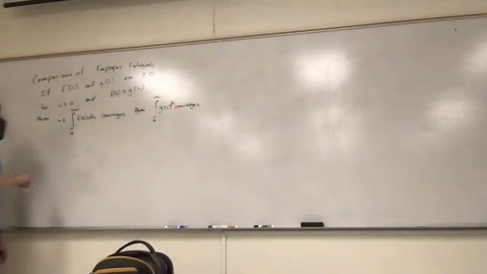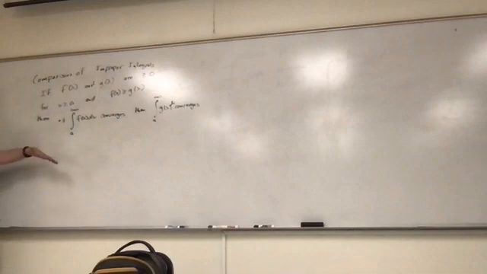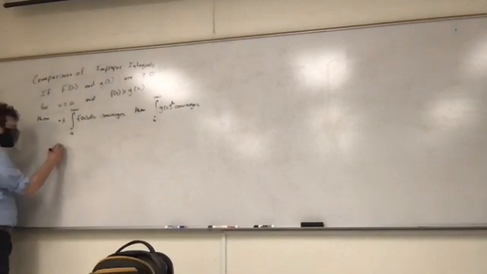So that was one of the cases we said. We had 1 over x squared was bigger than 1 over x cubed. And if we knew that 1 over x squared converged, then the smaller thing would also converge.